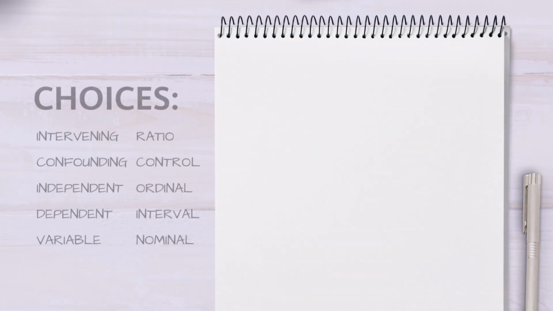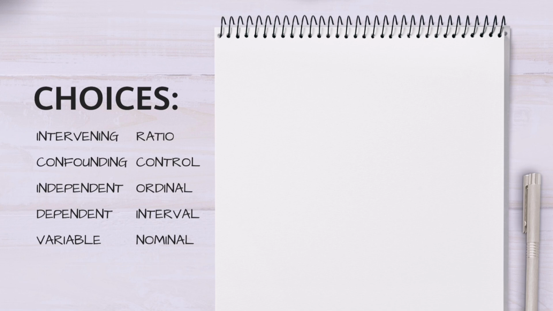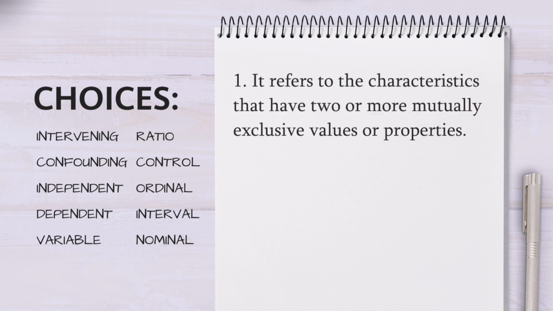But before we go further, let's get to know first how far you know the variables in quantitative research. Answer the following questions to the best of your knowledge. Question number 1. It refers to the characteristics that have two or more mutually exclusive values or properties.